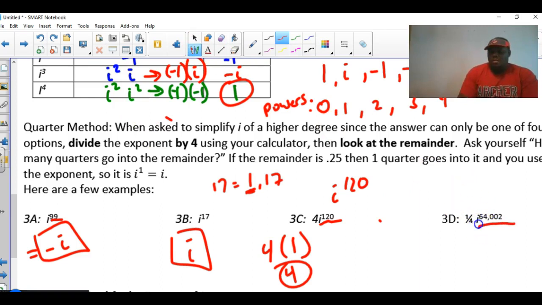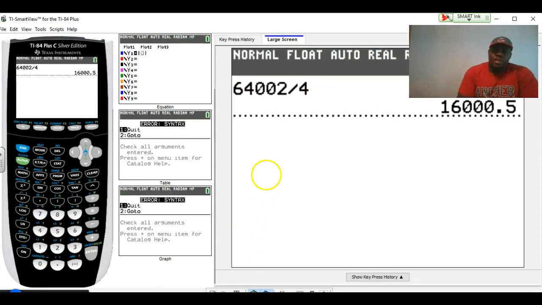So we have i to the 64,002. The quarter method says there's 4 quarters in a dollar, and you can use the remainder of the exponent divided by 4 to determine which power rule of i you will use.